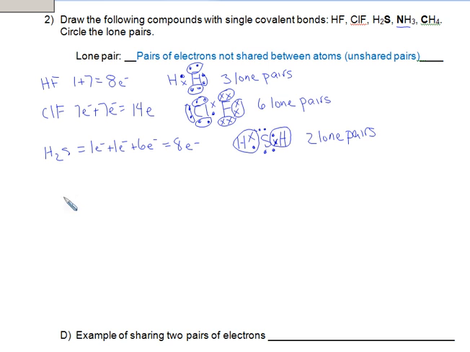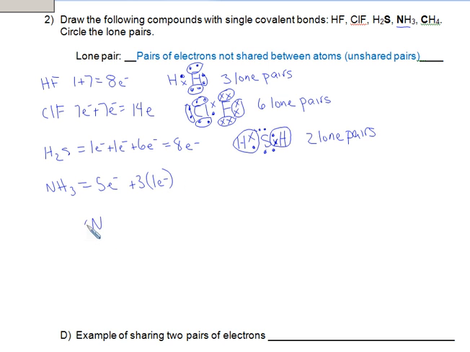Now let's try the ammonia, NH3. Here we have 5 electrons from the nitrogen, and then we have 3 electrons coming from the hydrogens.